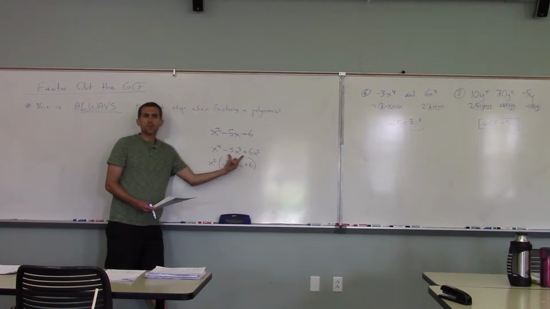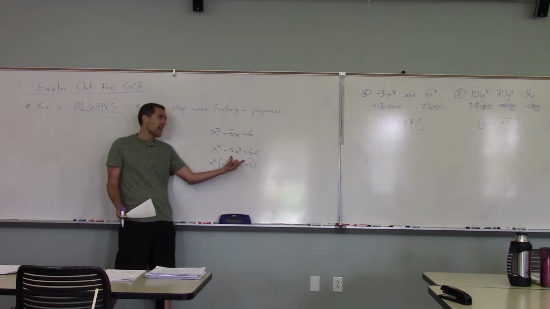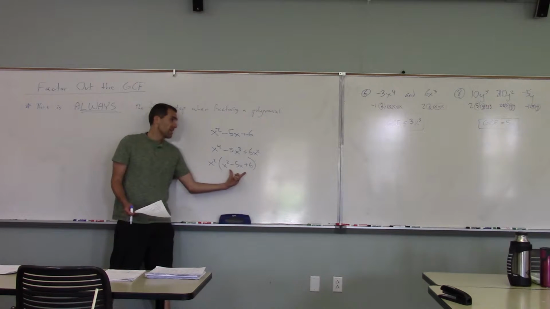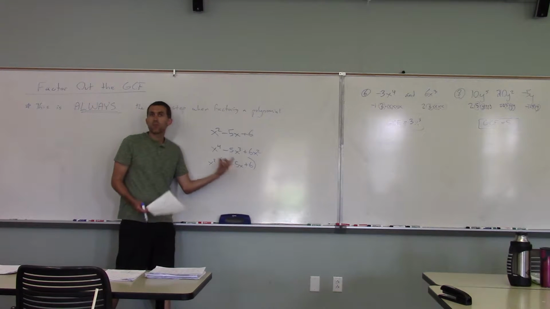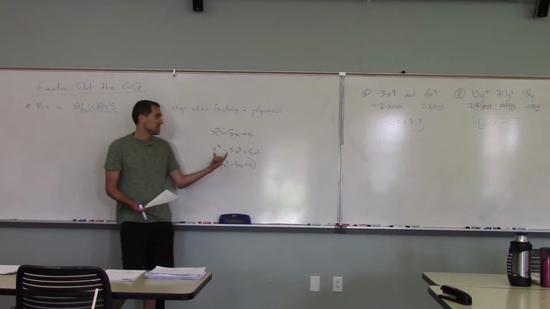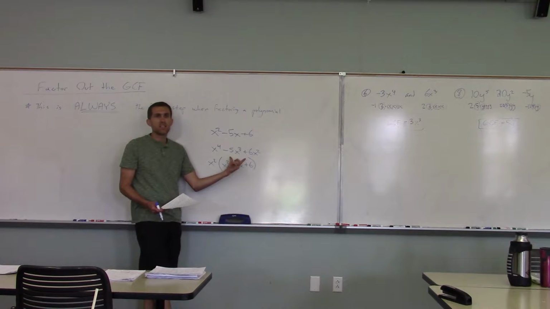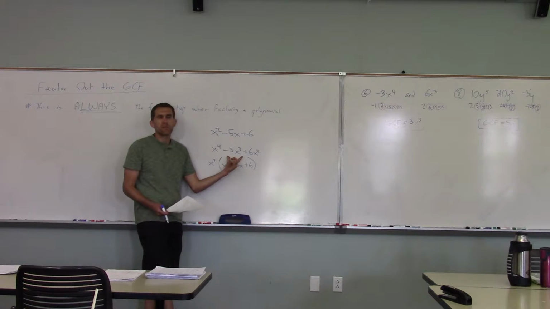If you see this problem and start doing some wonky magic, that's not going to come out right. You can't factor this with any of our normal methods until after you take that GCF out. And then this will be an easy problem for you in a couple of days. But a problem I see on tests is people don't take out the GCF and then they just start hitting this with a hammer and weird things come out.